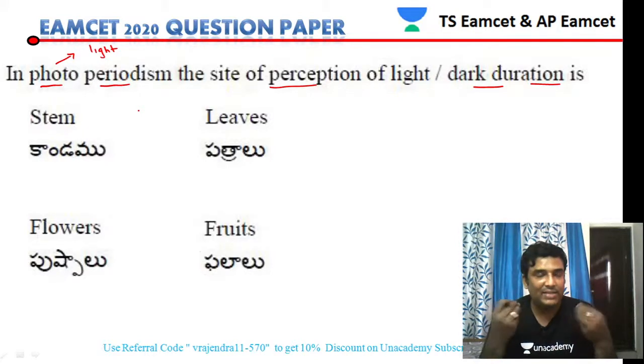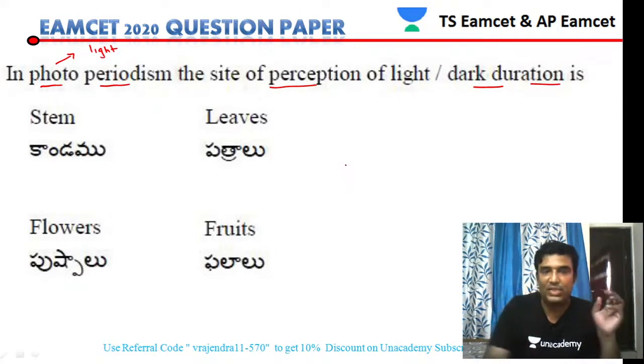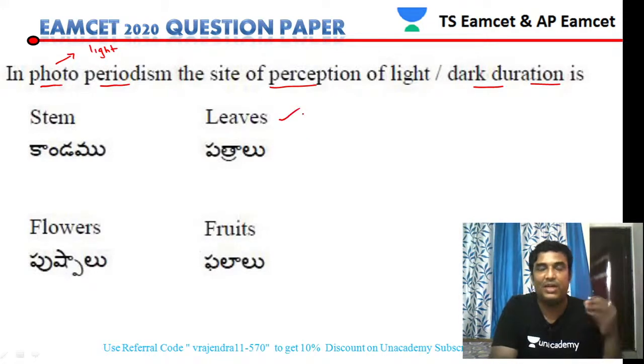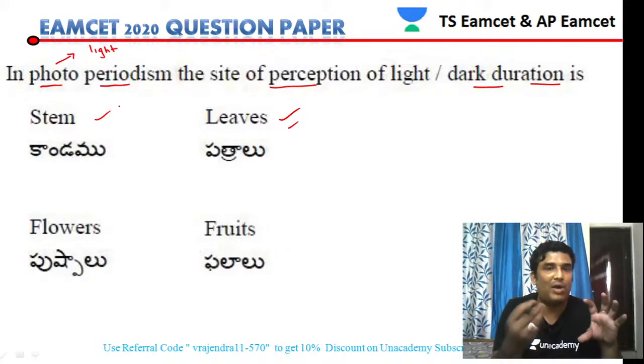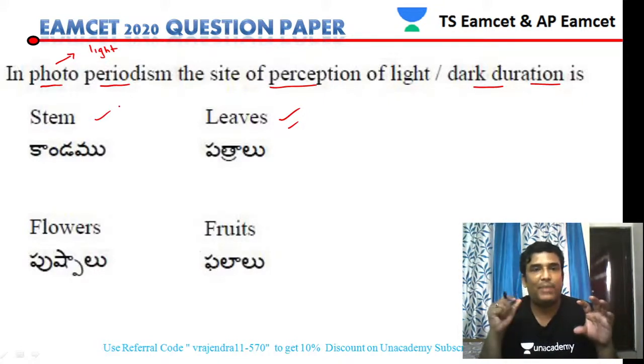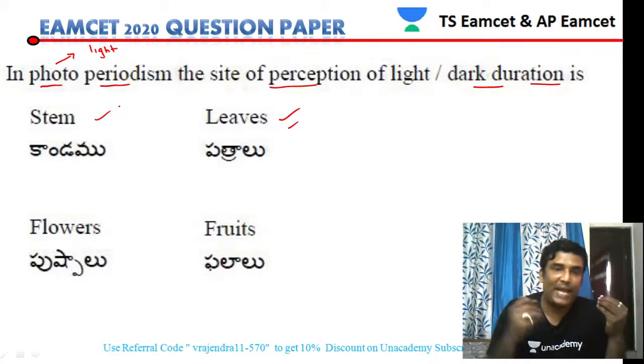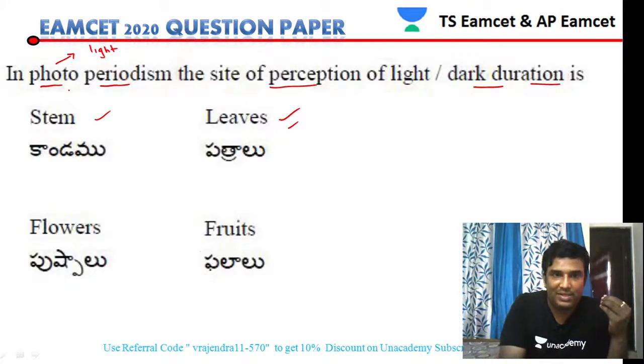But light is received by which part of the plant? Photosynthesis is taking place maximum in the leaves, and some amount also takes place in the stem, because the stem also has some amount of chloroplast. That is the reason photoperiodism is exhibited by the leaves.